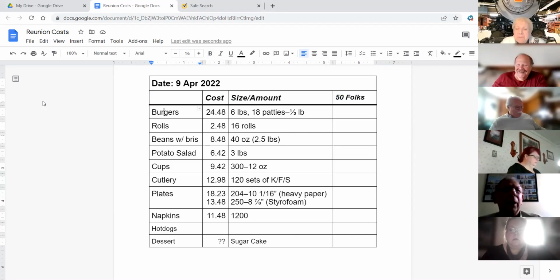Yeah, exactly. Well, I really like how Richard has the basic things that we need, and then Conrad added the prices for the hot dogs and the buns.